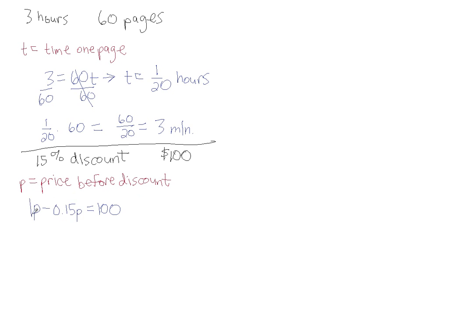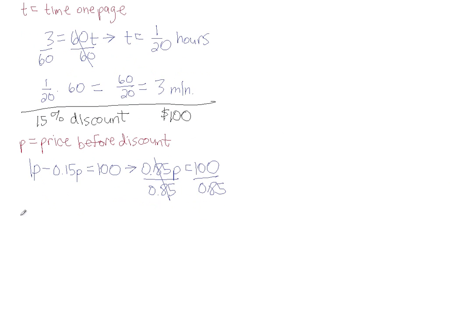So we have 1P minus 0.15P, which will give us 0.85P equals 100. Okay, now we simply divide both sides by 0.85. That'll cancel that out and get P all by itself.